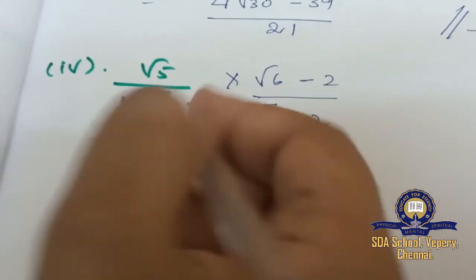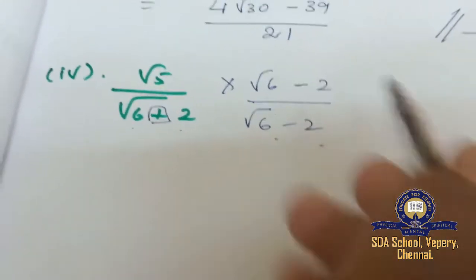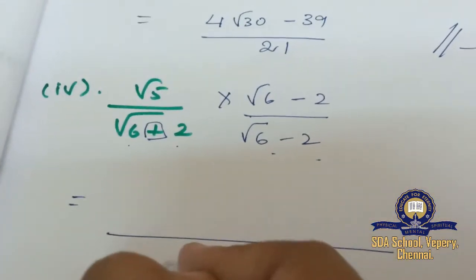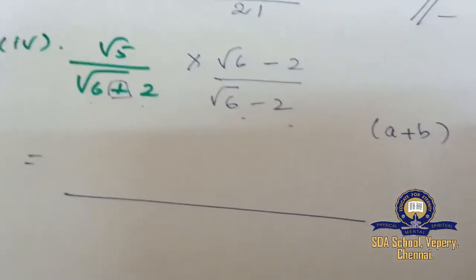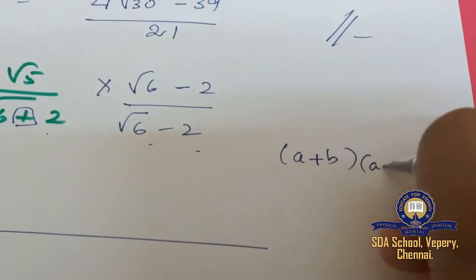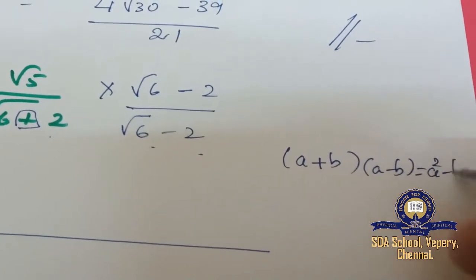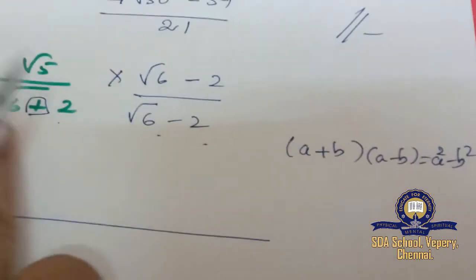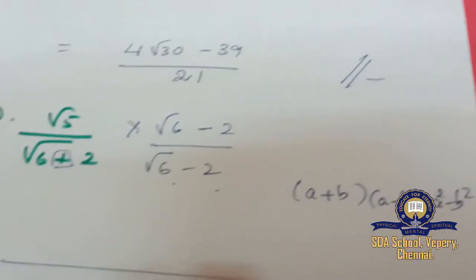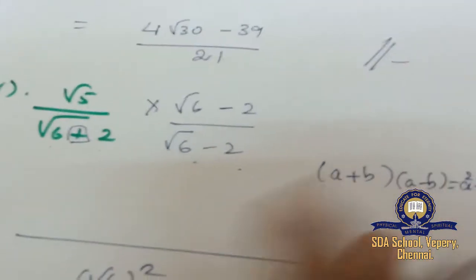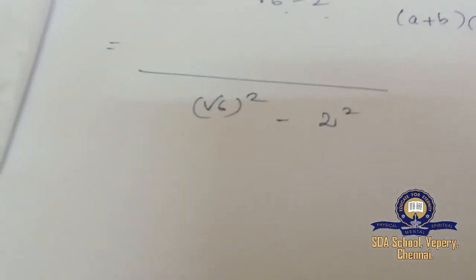Now again the same old step. What? (a + b)(a − b). So what will happen? It will become a² − b², right? (a + b) into (a − b) would give me a² − b². This identity I will apply over here. What will I get? (√6)² − 2². Yes, you understood till here.